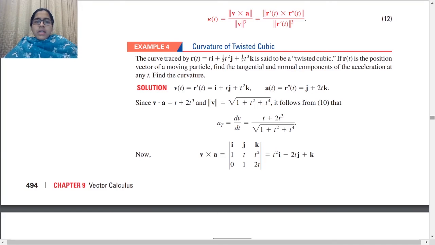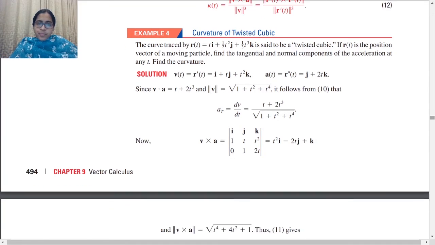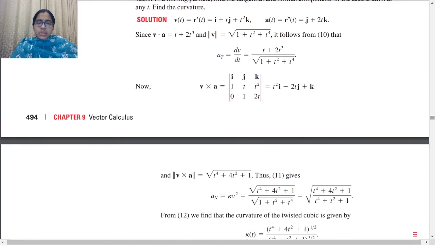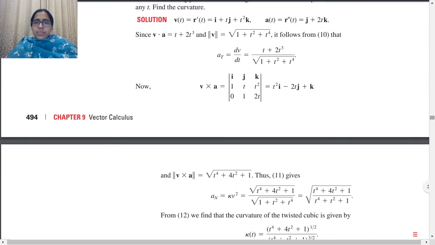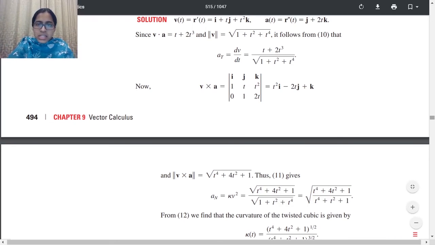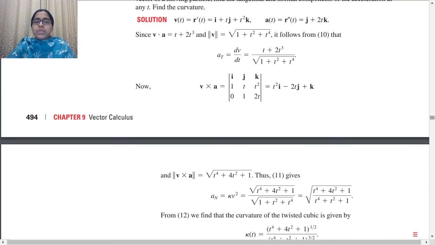Then we find v dot a, which will be none other than t plus 2t cube, and the magnitude of v is root of 1 plus t square plus t raised to 4. So a t will be t plus 2t cube divided by root of 1 plus t square plus t raised to 4.